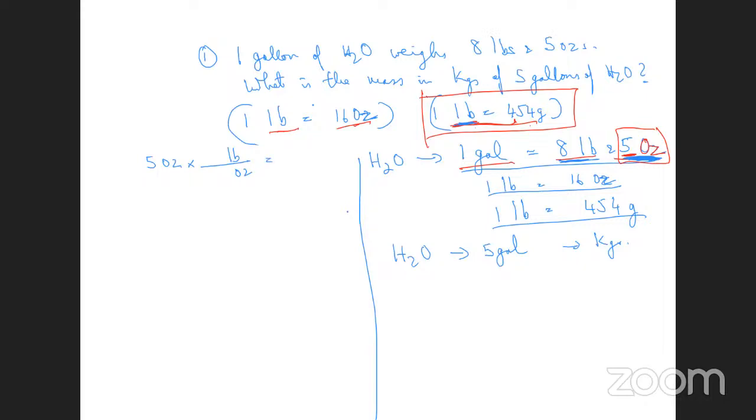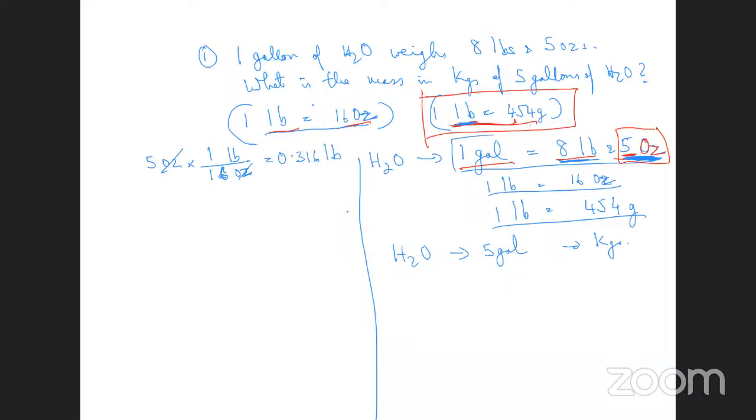Ounces to ounces would cancel out. What's the ratio? Here we have given 1 pound means 16 ounces. So let me do that. 5 divided by 16, I get 0.316, we'll say 0.316 pounds.